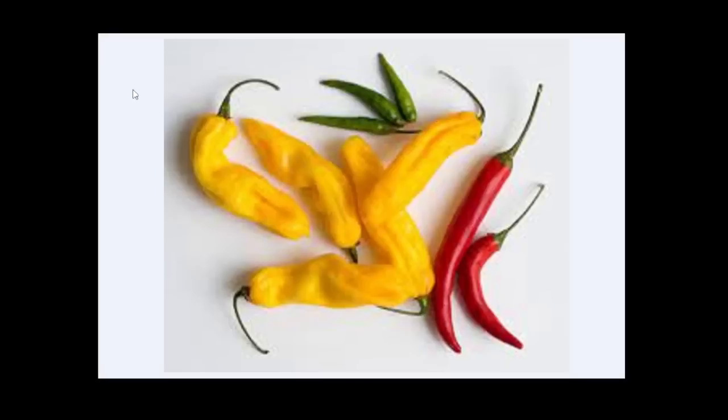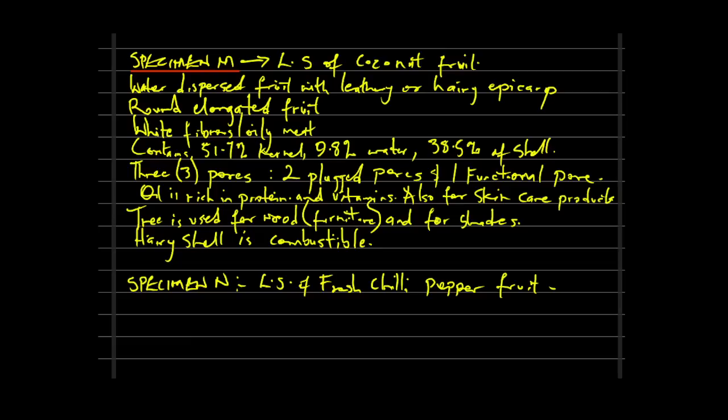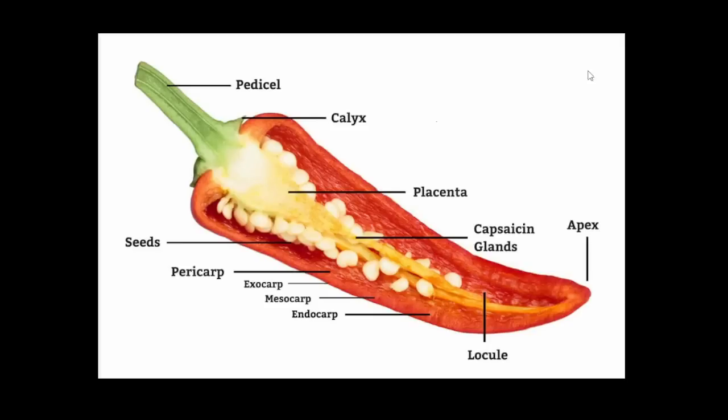But when we talk about the longitudinal section of the fresh chili pepper fruit, this is what we will be having. It is a berry fruit which is usually hot and peppery. The seeds are attached to the wall of the placenta.